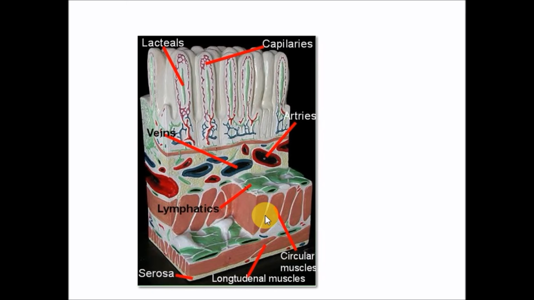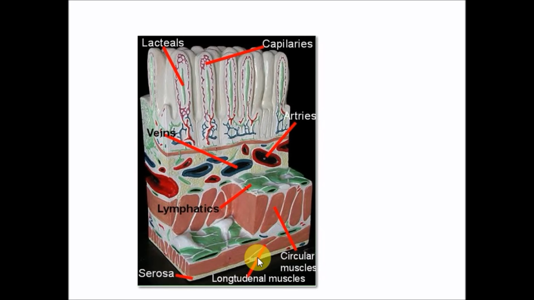Now the next part will be the circular and longitudinal muscles, and the way to recognize those is the location, not how they look, because this is a cut section that shouldn't tell you much. It depends on the orientation. How are you looking at it? So the inner is circular and the outer is always longitudinal. This is a rule of thumb.